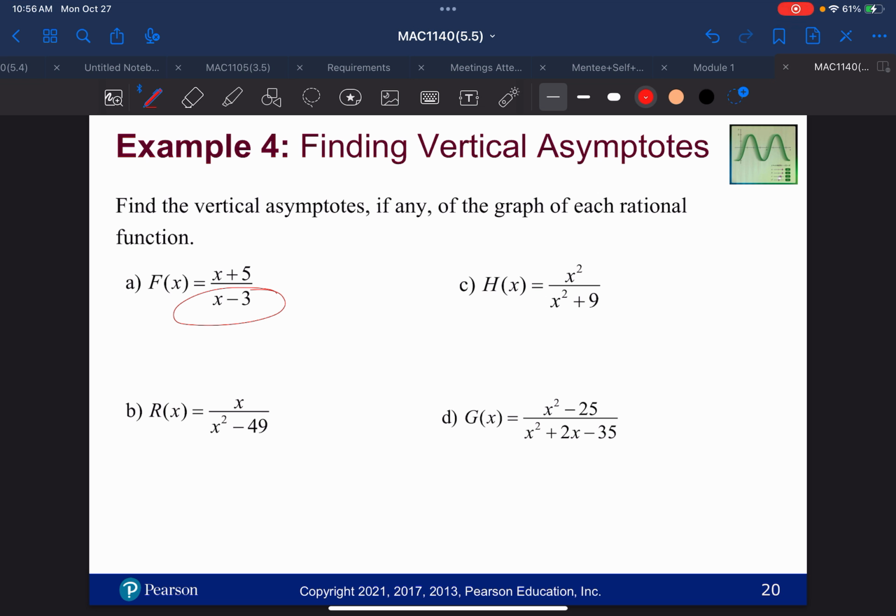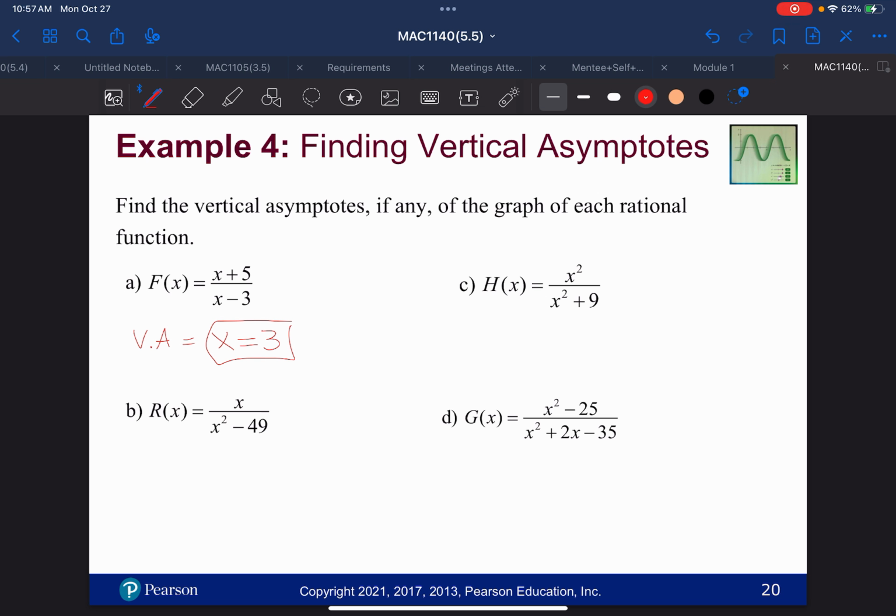It's undefined. That is what creates our vertical asymptotes. It will never touch it because we can't plug that value of x into the function. So here for part A, the value of x that will make f of x undefined would be 3. So the vertical asymptote, which I'm going to shorthand as VA, is the equation x equals 3.